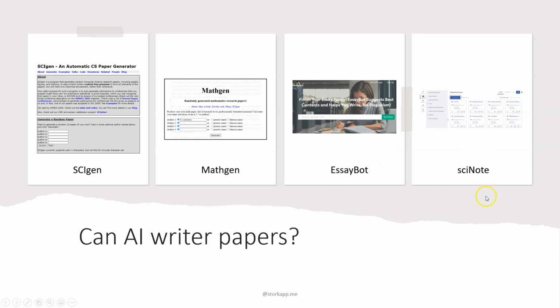Lastly, there is a SciNote manuscript writer. If you have data in the SciNote platform, it can help you to generate a paper. So these are a few apps which can write papers, some for fun, some for real usage.